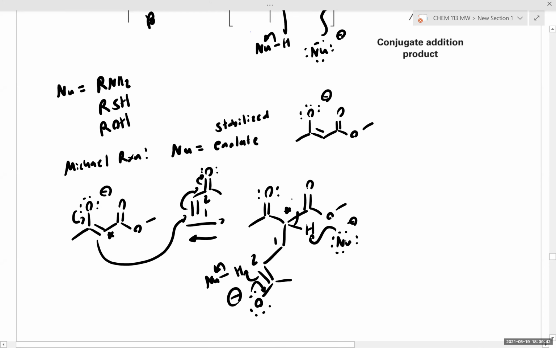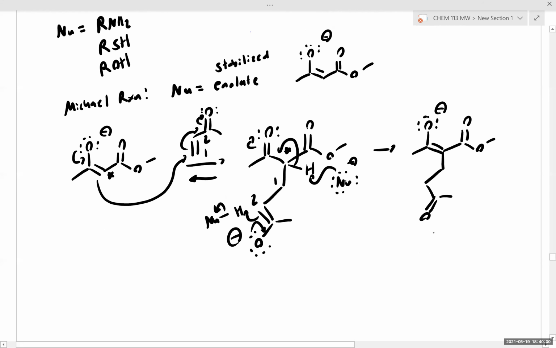And this is why beta ketoesters are so great for Michael additions, because you in effect prevent the retro-Michael reaction or 1,4 elimination reaction from occurring. And then whenever we want, we can quench this reaction mixture with H3O+ and give our product.